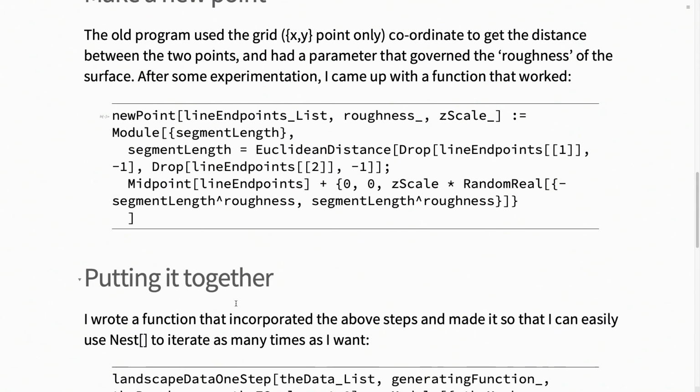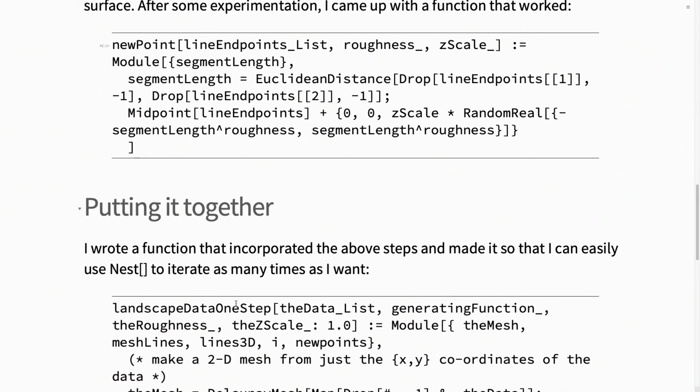To make a new point, I essentially copied the code from the 1980s because I figured, why not? For a segment line, you find the Euclidean distance between the x and y coordinates, pick a random number in a range that depends on how big the segment is, and then apply some little sugar to make it smoother or flatter, bumpier.